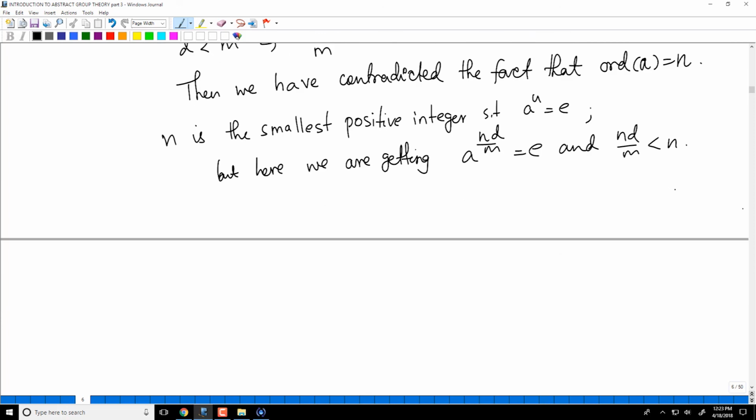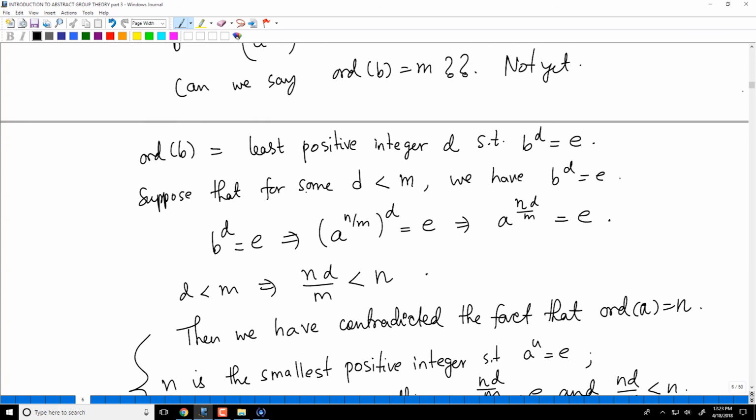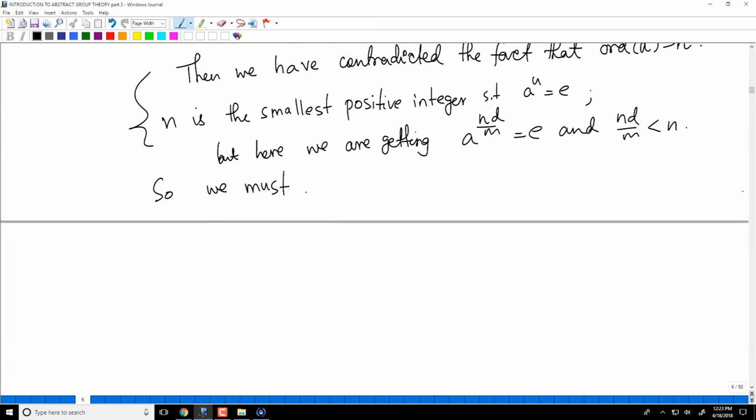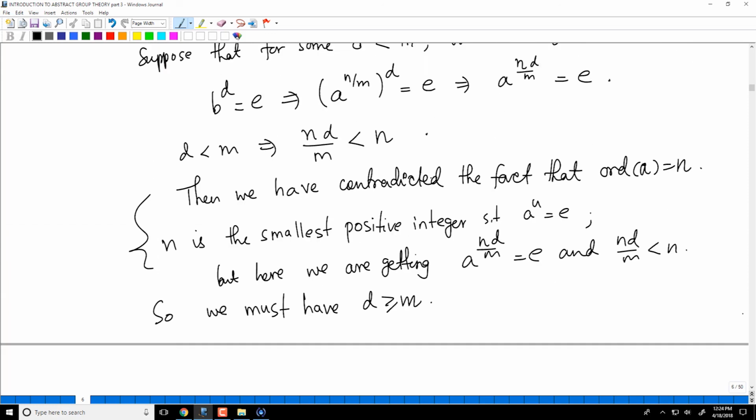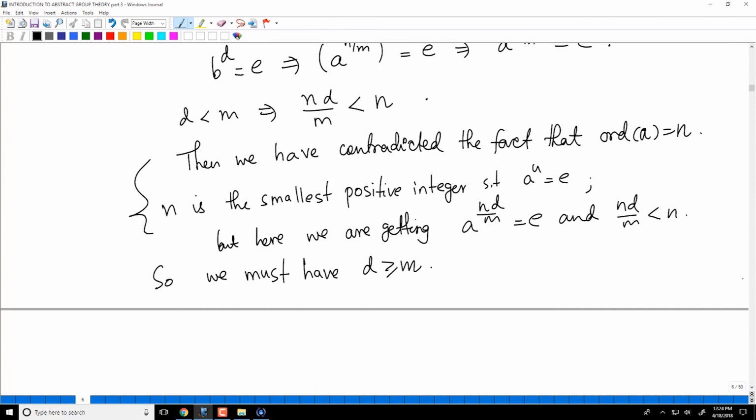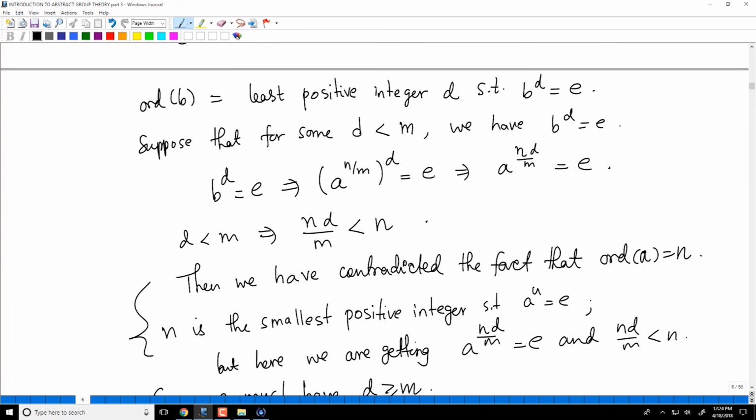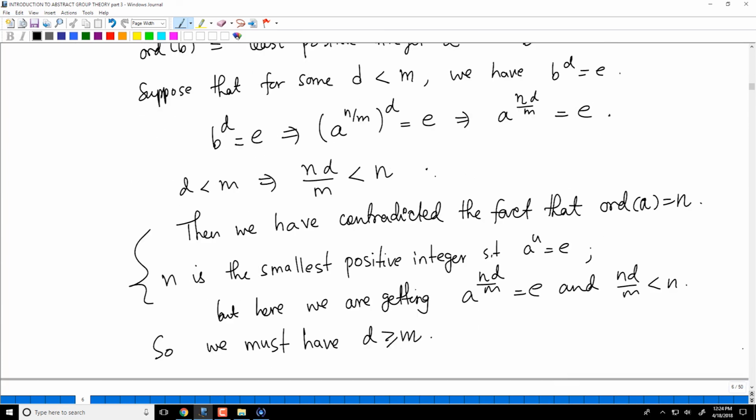So this is a contradiction, and the only assumption that we could have possibly made incorrectly was that d is less than m. So d is at least m.